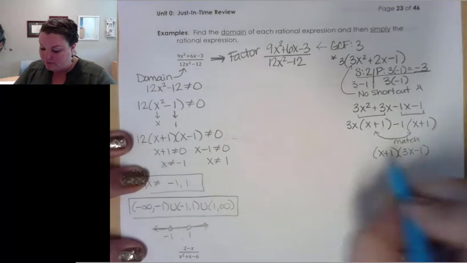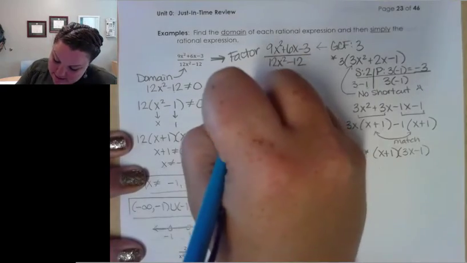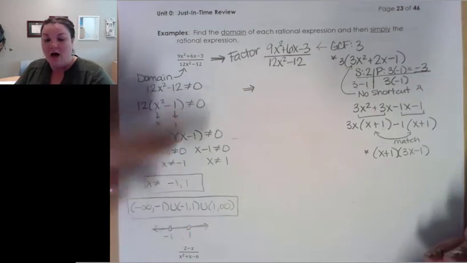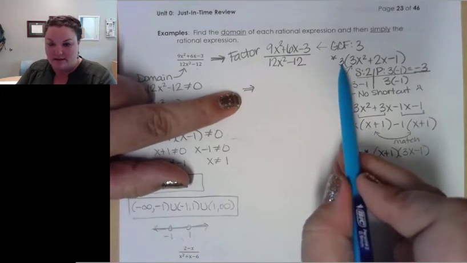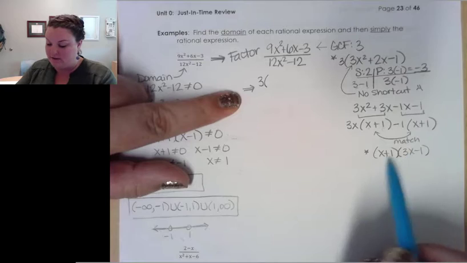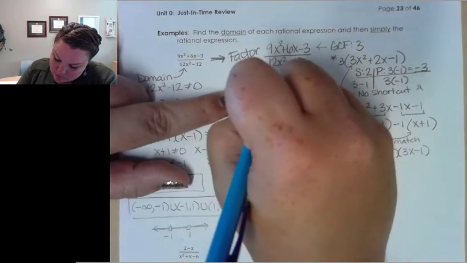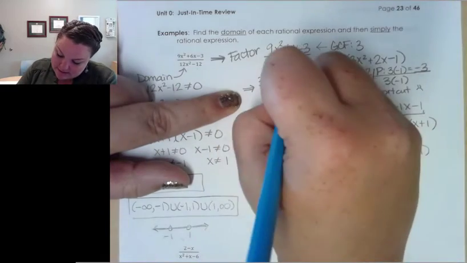And then don't forget to put your greatest common factor back on. So the top factored into the greatest common factor that we took out, 3, times the 2 factors that we got from this remaining part of the polynomial. So x plus 1 times 3x minus 1.